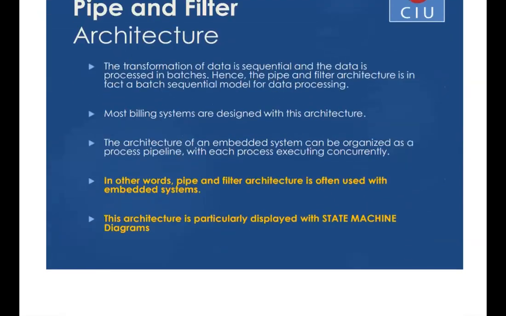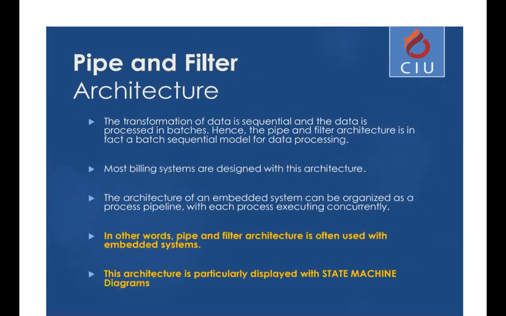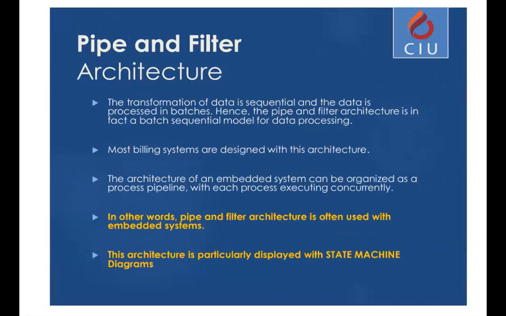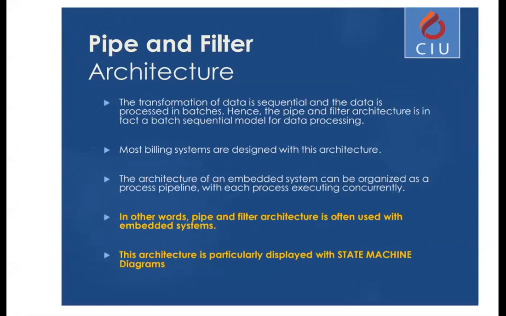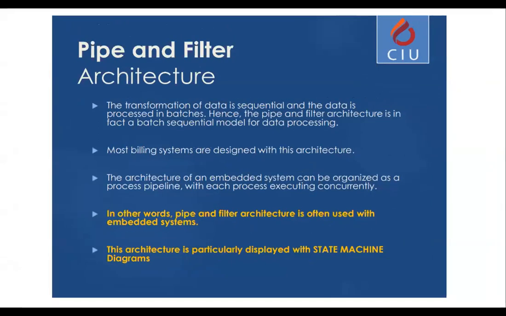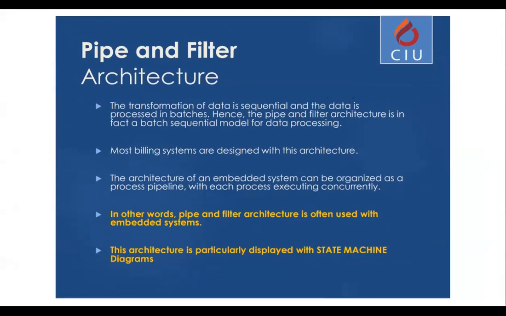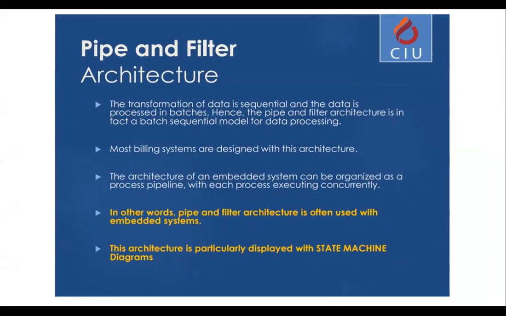When we go to the pipe and filter architecture, it is impossible to omit the fact that it is used with embedded systems mostly, where you know the hardware structure and you are also aware of the software. So it is like they are working on one another. And we know a diagram.